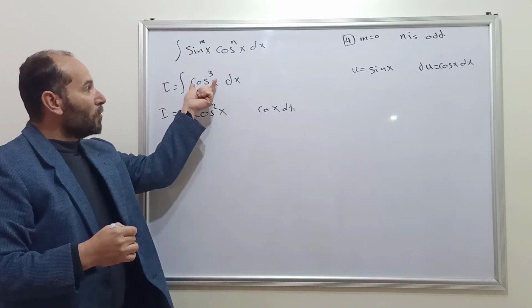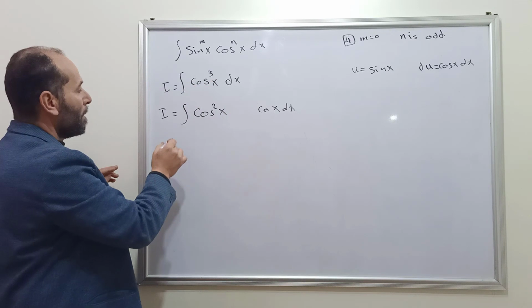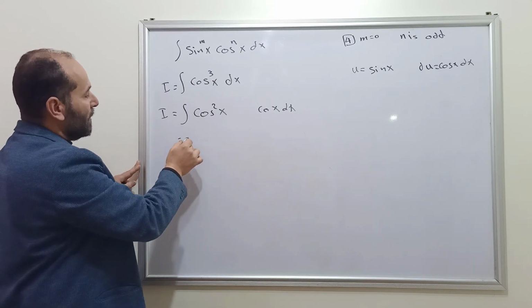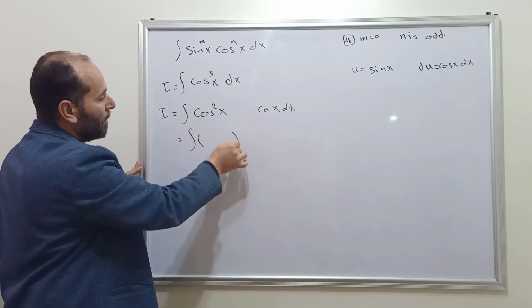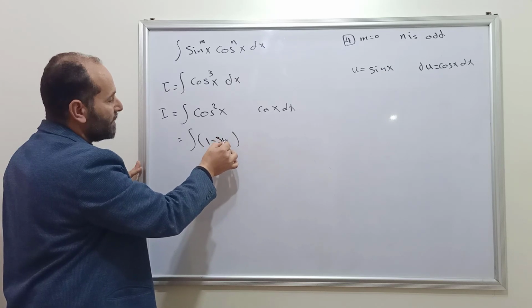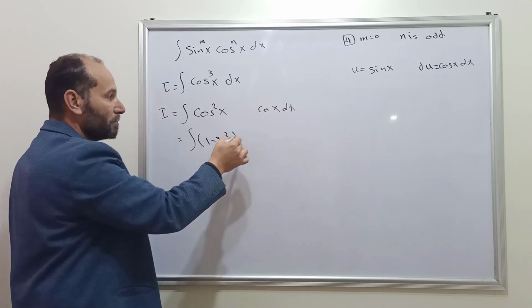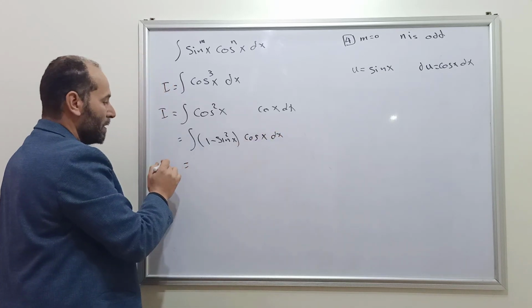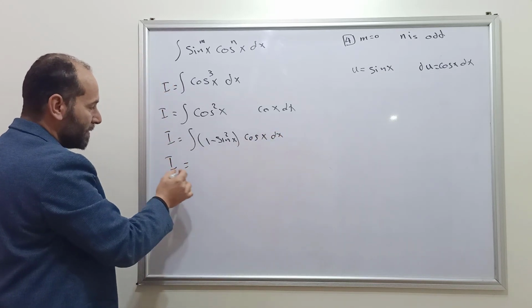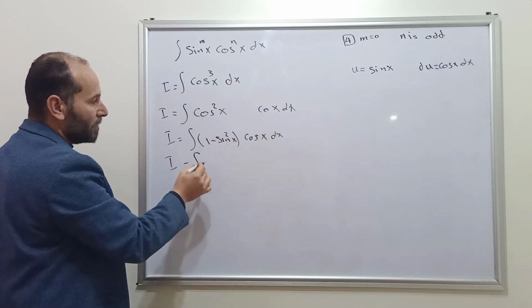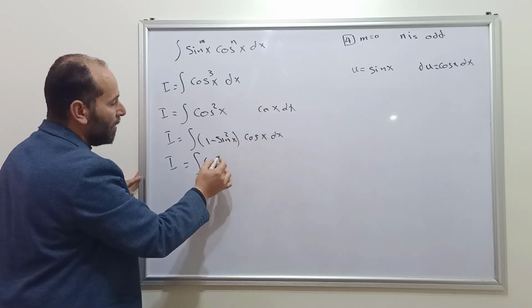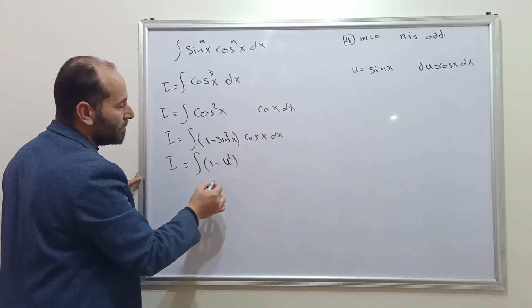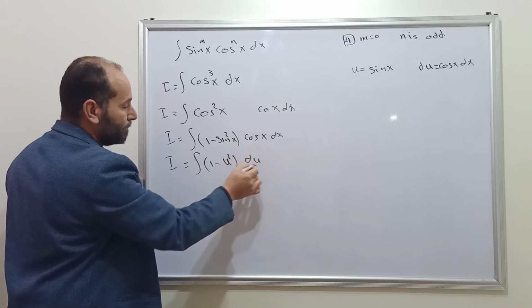We take one of the cosine power 3 here. So this integration equals 1 minus sine squared x times cosine x dx. So I equals the integration of 1 minus u squared du.